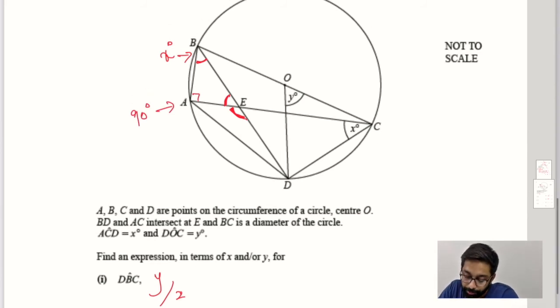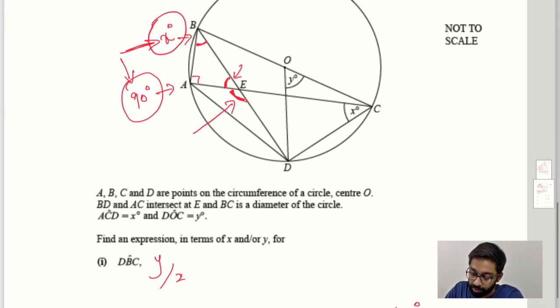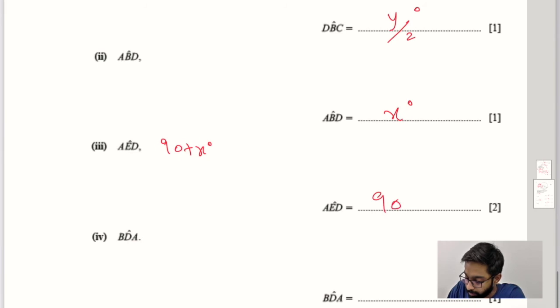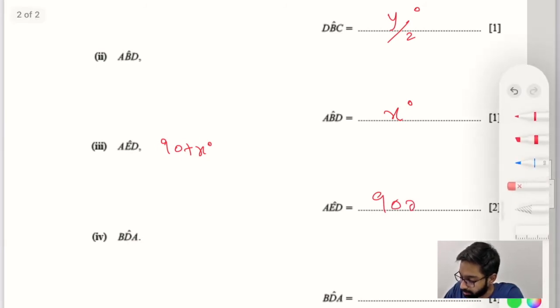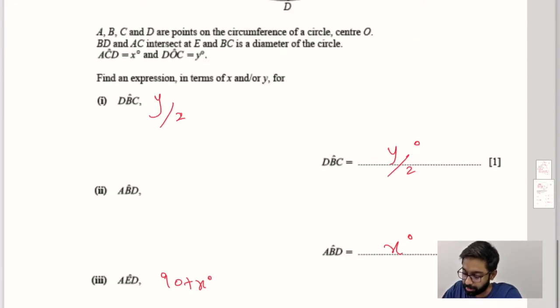So if you add x degrees and 90 degrees and subtract that from 180, you should get this angle. But if you want to make it shorter, just assume that the addition of this and this angle can directly give you AED, because that's also a property. So let's add these two angles up. 90 plus x, I believe that is your answer. It is a 2-mark question, but we simplified the working. It is going to be 90 degrees plus x degrees.